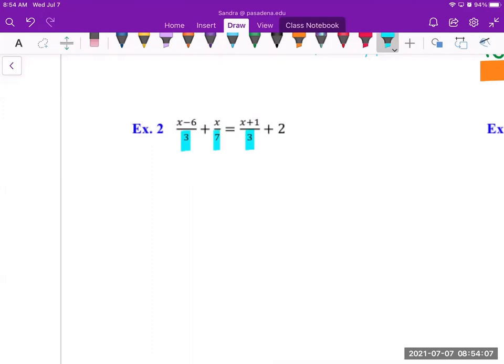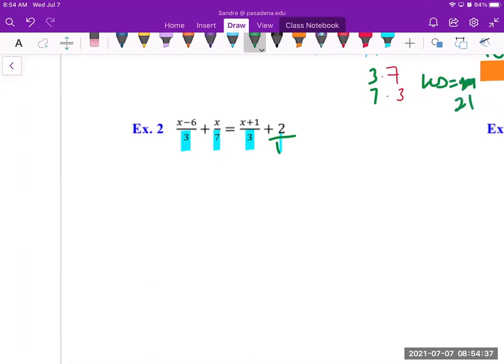I have all of these denominators, and the 2 has its own denominator, which is 1. So I have 3 and 7, because the 3 repeats twice, and then the 1. Well, I can multiply this one by 7 and this one by 3, and I can see that the LCD is equal to 21.